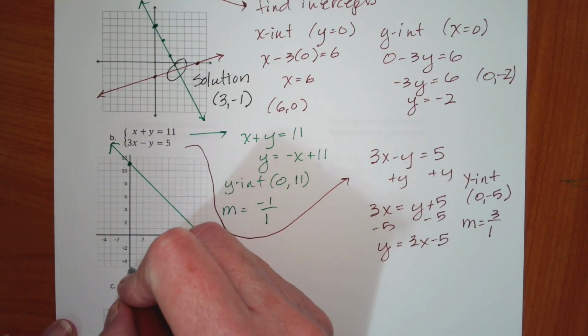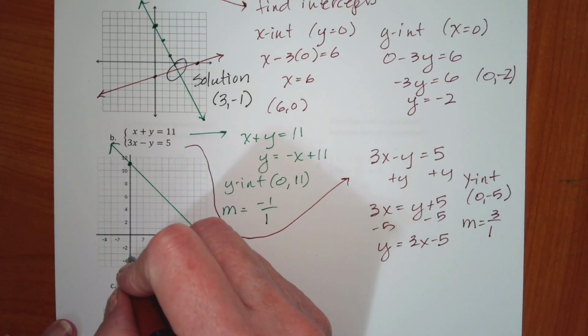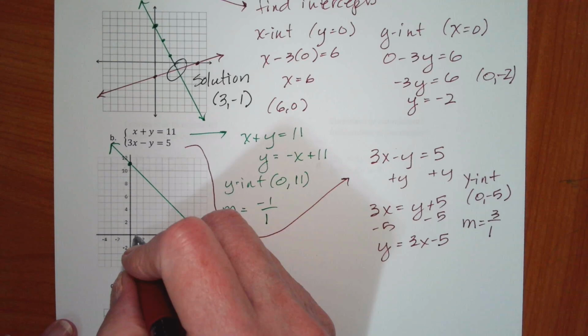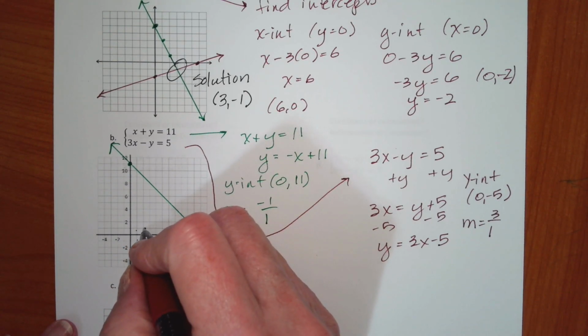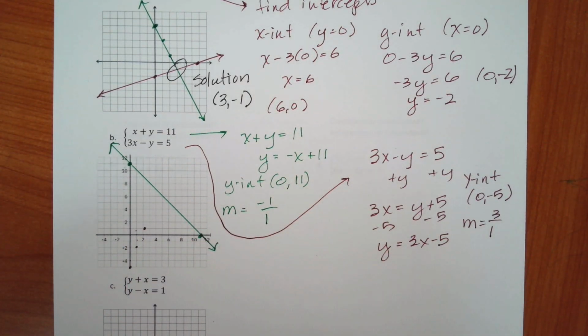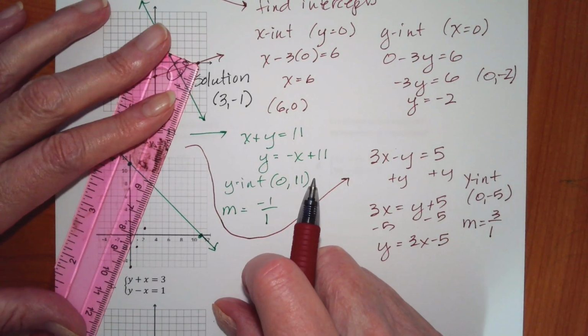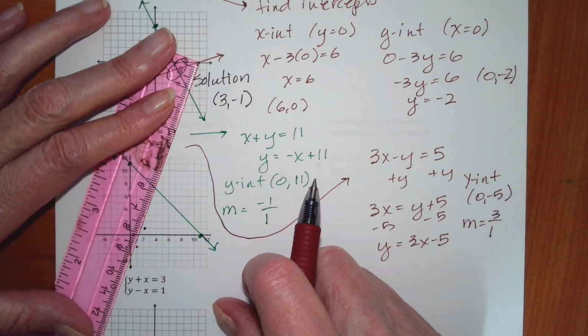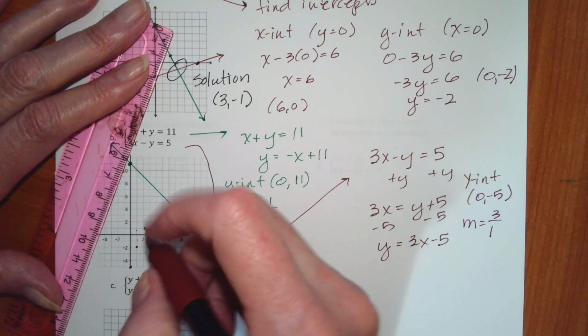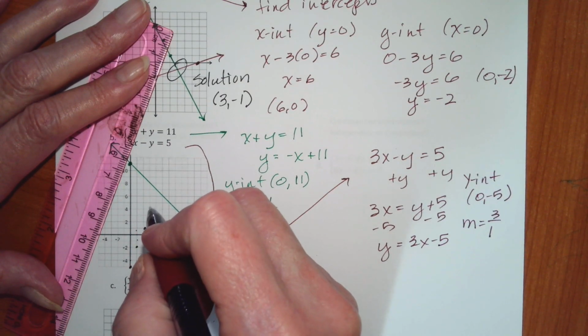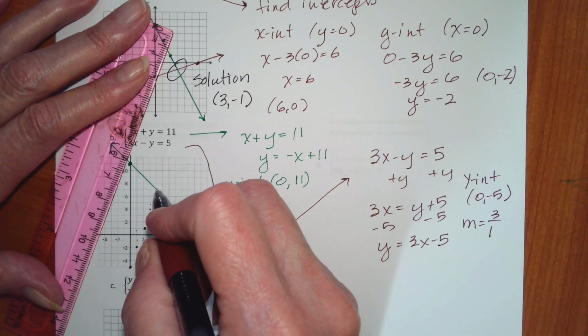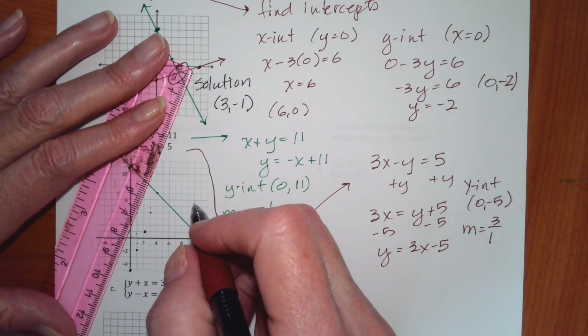So I start at negative 5, go up 3 over 1, up 3 over 1, and see what's going on here. 3 over 1, 1, 2, 3 over 1.